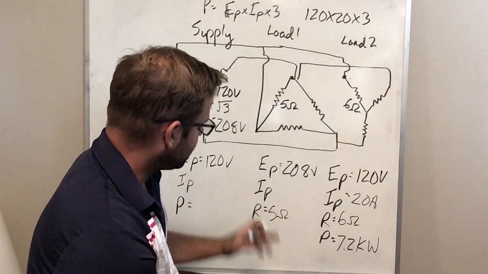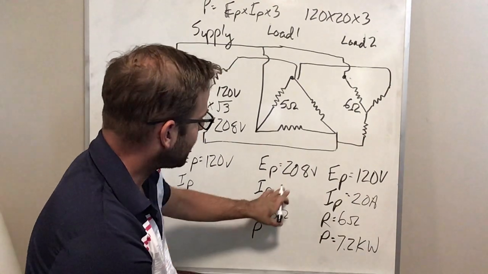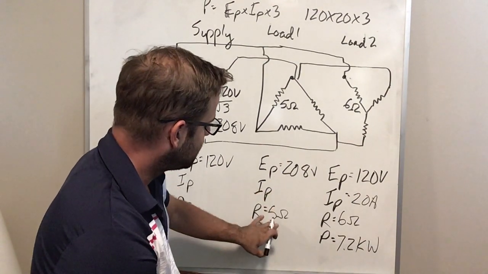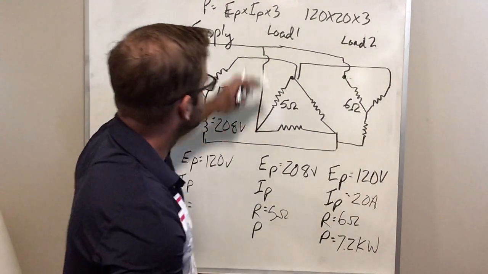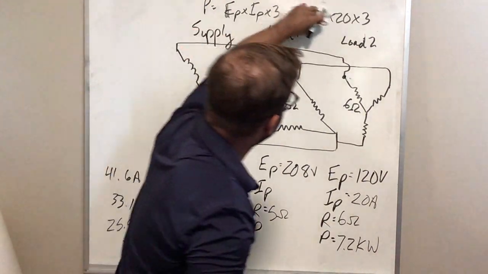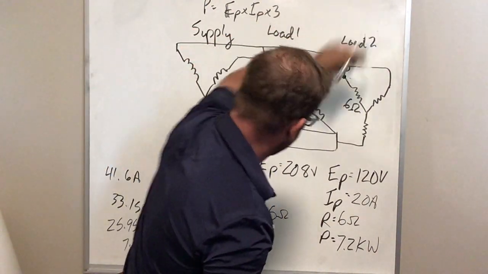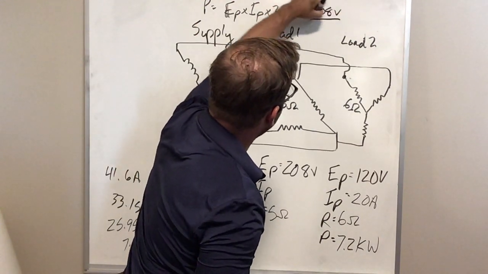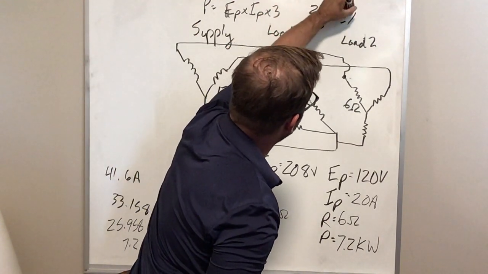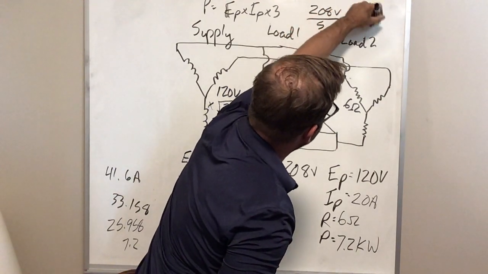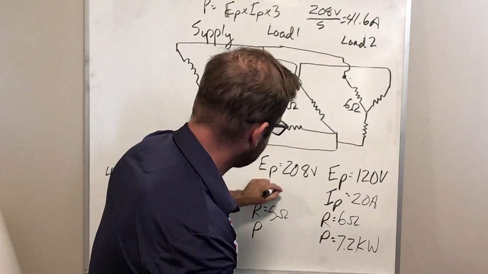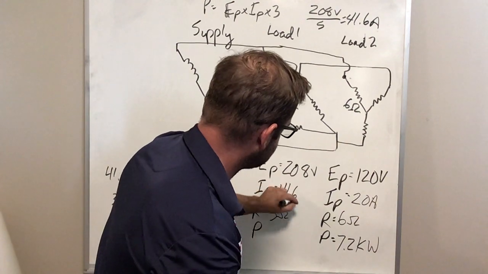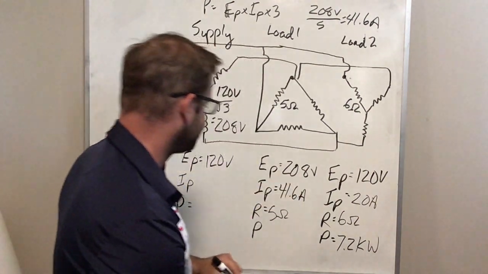Now let's move over to the next load. We've got 208 volts and 5 ohms. And if we take 208 volts divided by 5, we get an answer of 41.6 amps. So we know that that 41.6 amps goes right there.